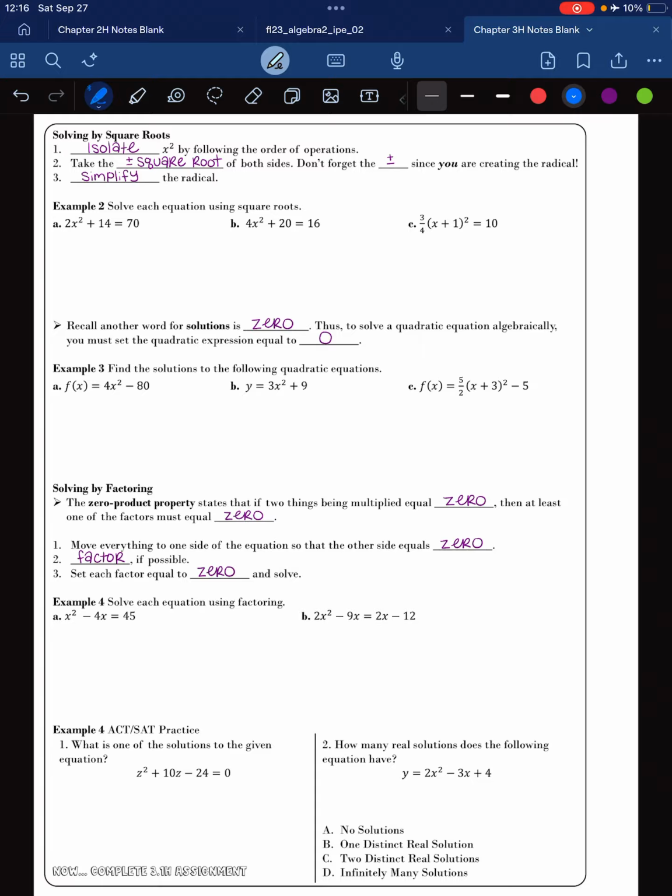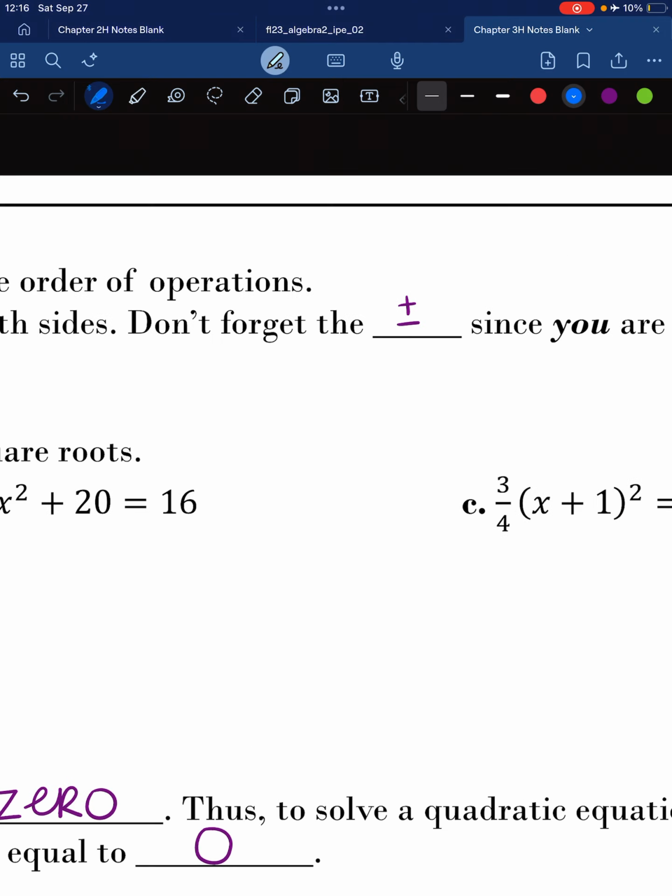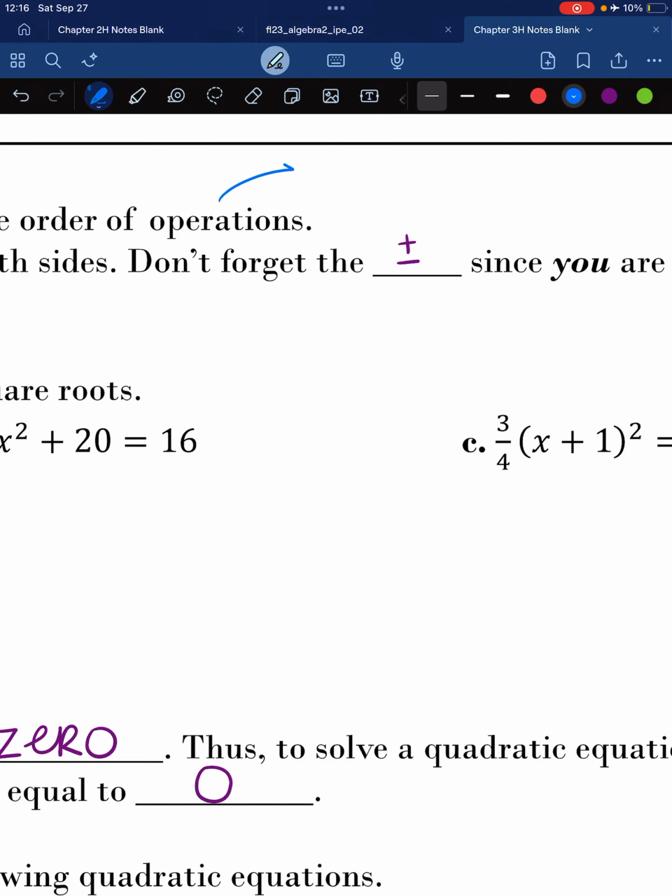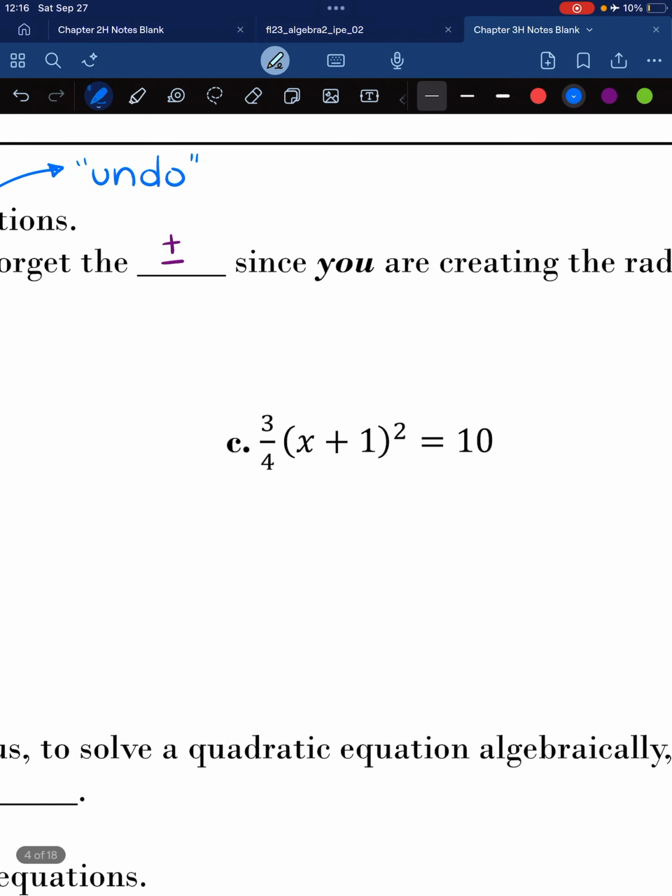We first need to start by isolating the x squared term by following the order of operations. And remember that when I'm undoing operations, I need to do that order of operations backwards. So we're going to undo order of operations.